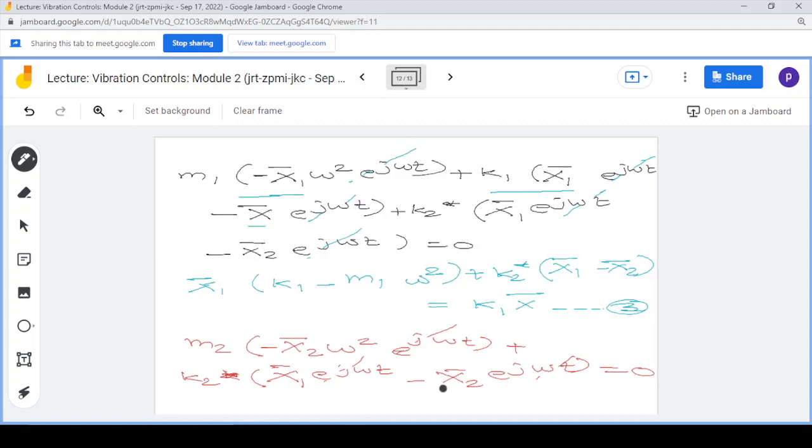Look at this, this is x2 bar and this is x2 bar, so this k2 star into x2 bar also has a negative sign.